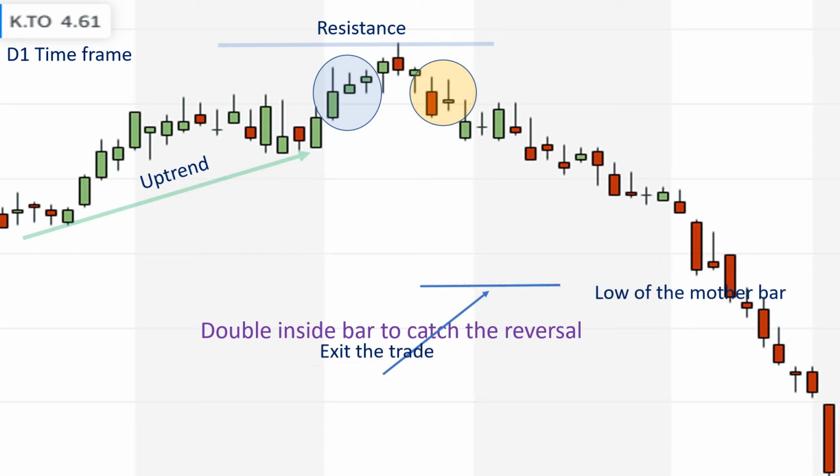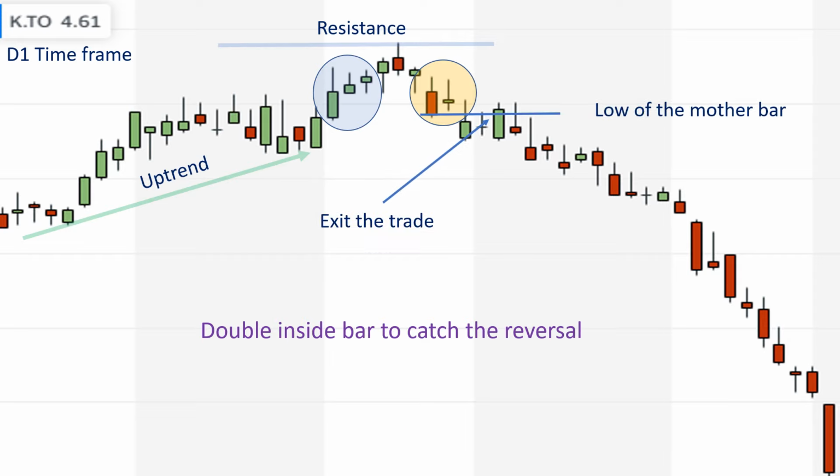Now you can go short safely as soon as the next candle goes lower than the low of the mother bar, and then put your stop loss maybe 1 or 2 ATR above the high of the mother bar. You see after this the price is dropping down considerably, all the way down. So this is how you approach an inside bar near reversal.